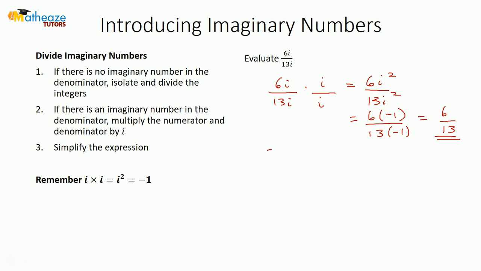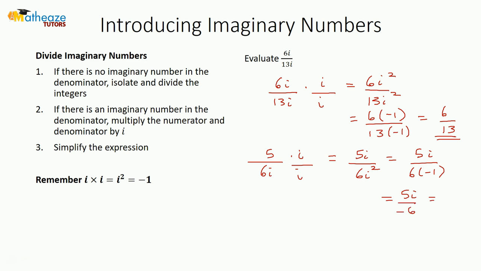Now let's try one example here. Let's try something like 5 over 6i. So what we have here is we multiply by i here. So this is going to give us 5i divided by 6i squared, which is 5i divided by 6 times negative 1, which is going to give us 5i over negative 6.